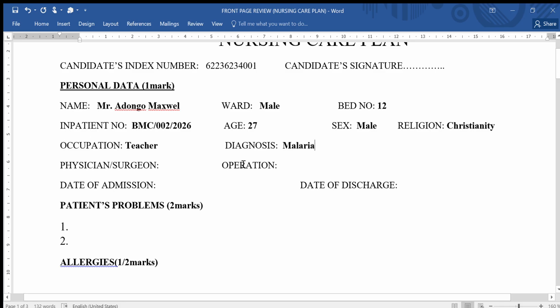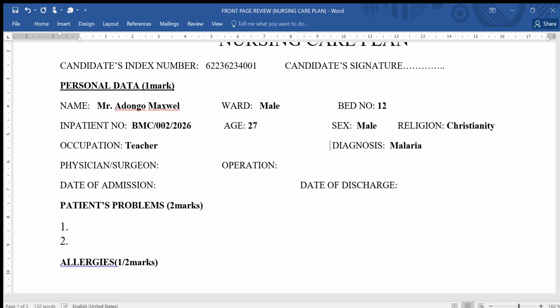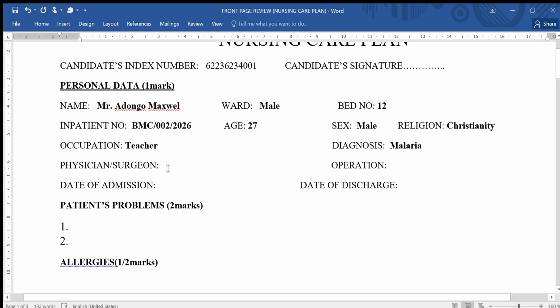That has to do with who admitted the patient. The physician, the doctor, we are looking at the doctor or the surgeon that admits Mr. Adongo. But in our case here, it's not a surgeon, it's the physician himself.